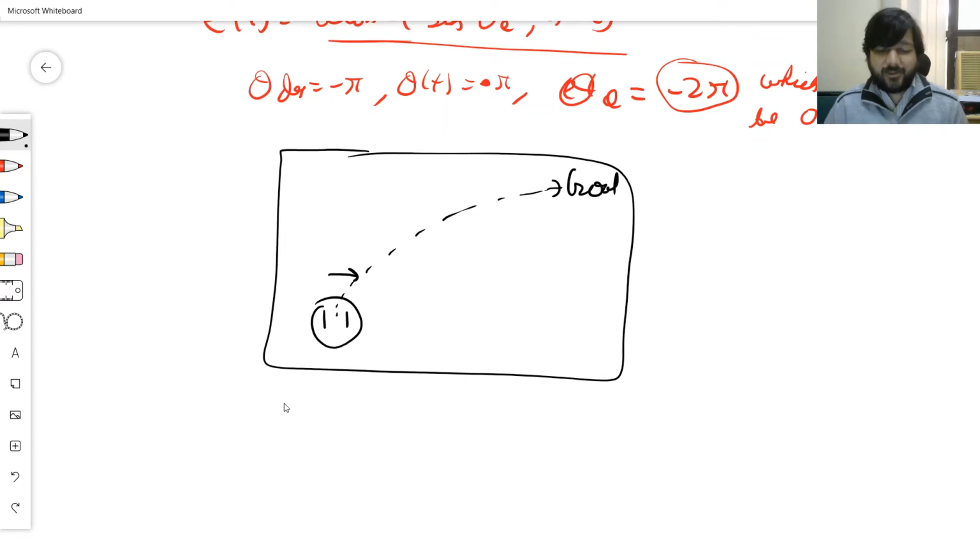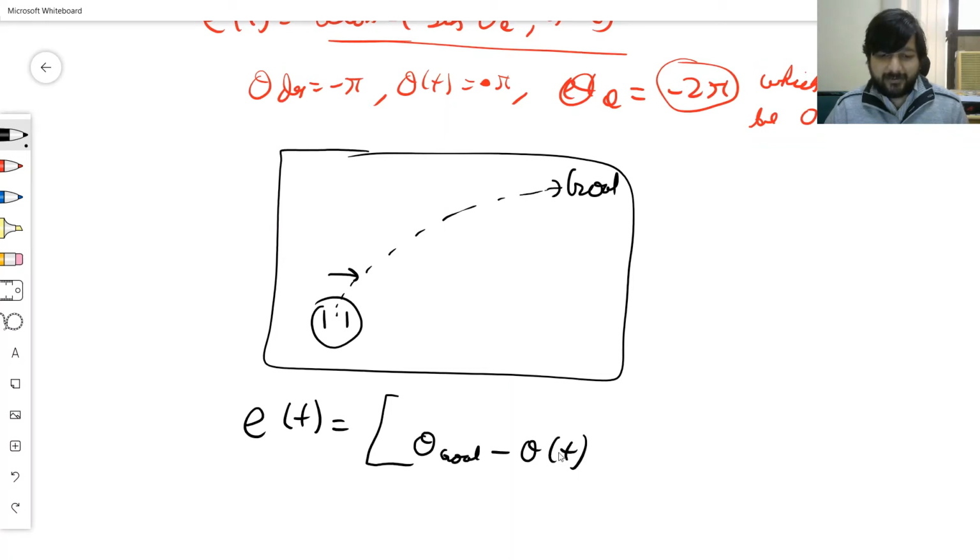So again, I measure error in terms of both angular speed as well as linear speed. So I say my e t is equal to angle, because we've already seen it, theta desired or theta goal minus theta t. These are two angles, of course, and my linear distance is the same way.